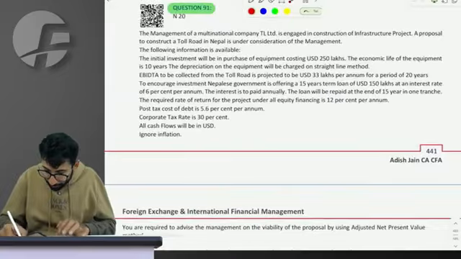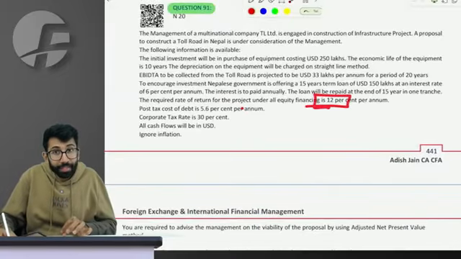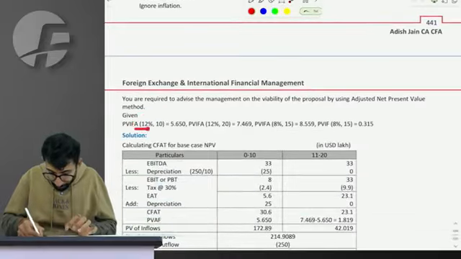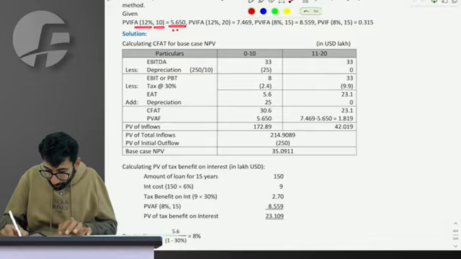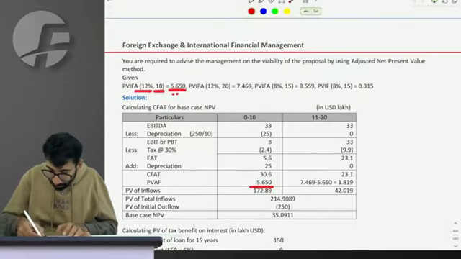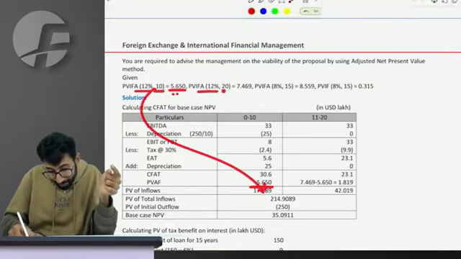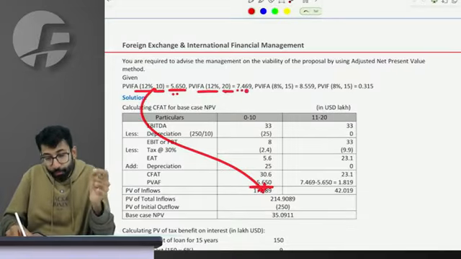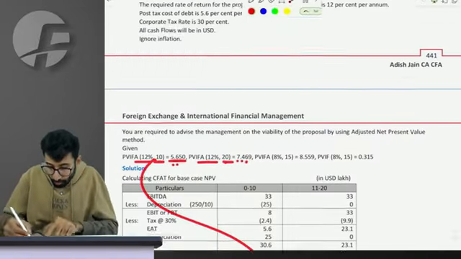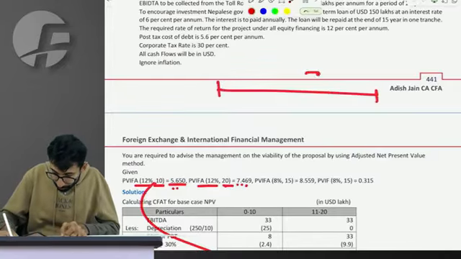Examiners say at the rate of 12%, which is my all equity rate, for the next 10 years, present value is 5.650. Sir, at the rate of 12%, for the next 20 years, the present value is 7.469. So next 20-year present value is 7.469.